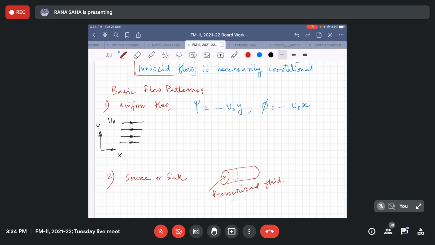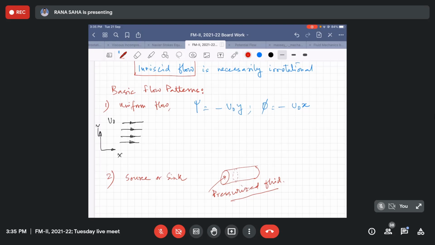Just to give some physical sense of what is actually meant by source. So the fluid will come out in radial direction from all the holes in all directions.